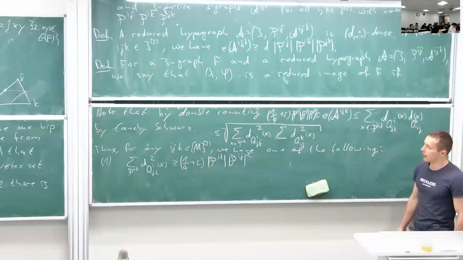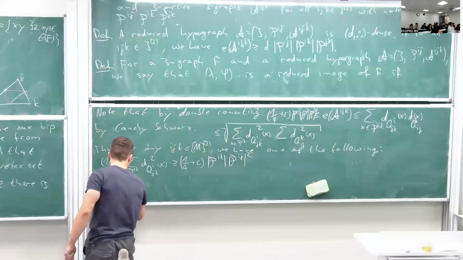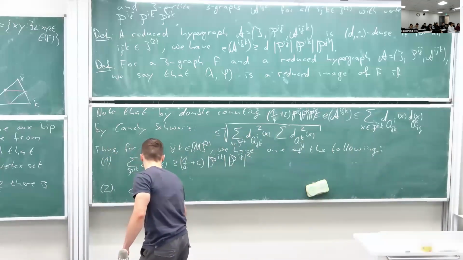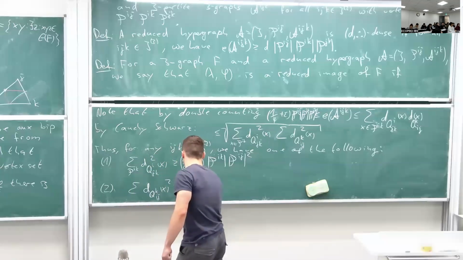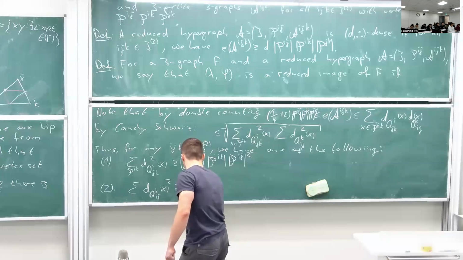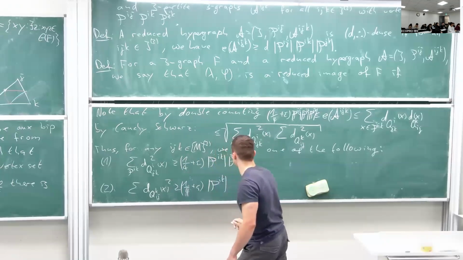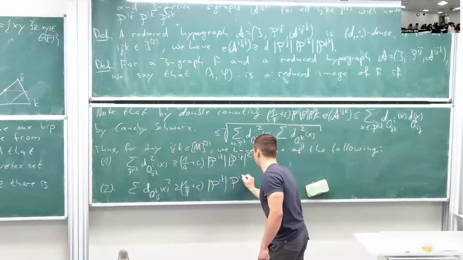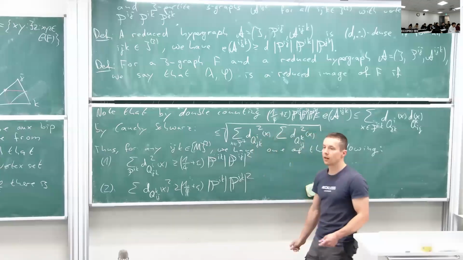Okay, and the other thing that might happen is the sum q k I j x squared is at least 1/4 plus epsilon, and then here again PIK, but then this one PJK squared.